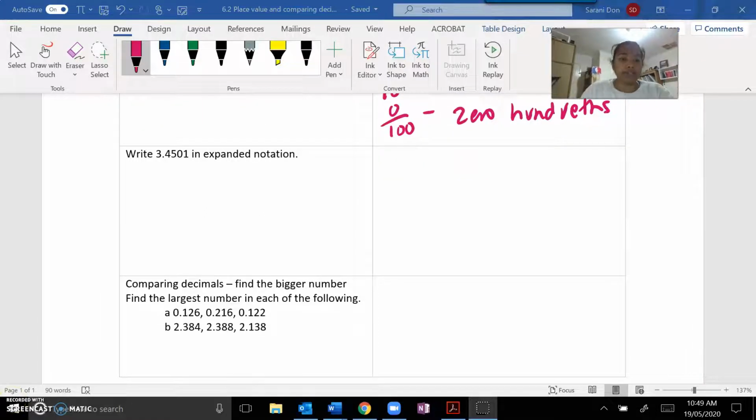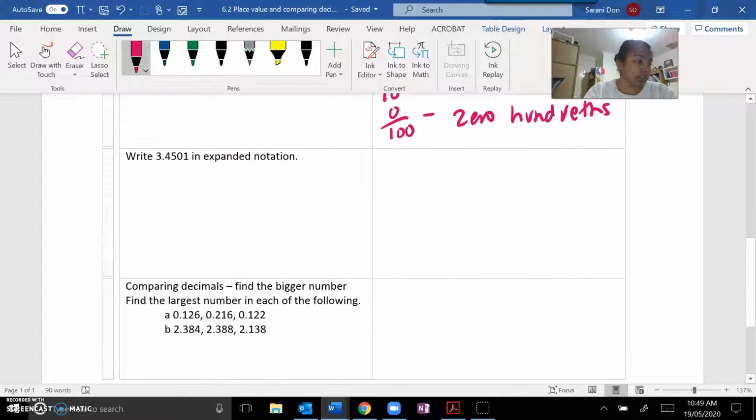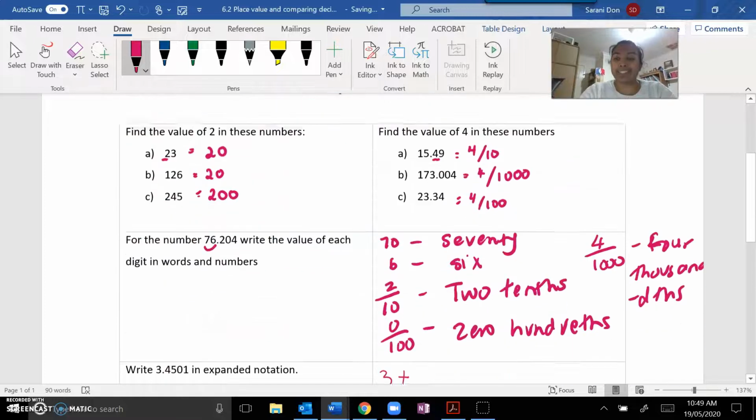Okay, so for this one, guys, what you need to do is kind of like what we did here, separate it out. So we know that there's a 3 as a whole, then an addition sign. Then this 4 is in the next column after the decimal. So if we go back, it's tenths.